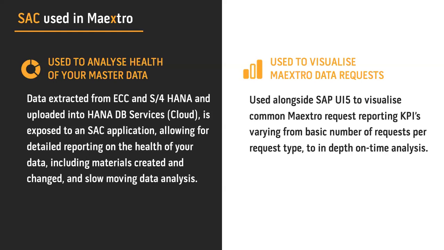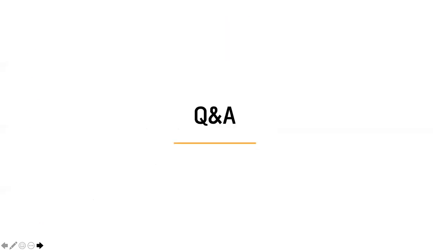And as I said, if you're on ECC6, that's not a problem. We offer the service of extracting that data, which previously was a bit of a challenge using SAC, but we can extract that data from ECC to our cloud platform where we can visualize some of these reports. So hopefully that gives people a nice flavor of what's available in the Maestro toolkit.